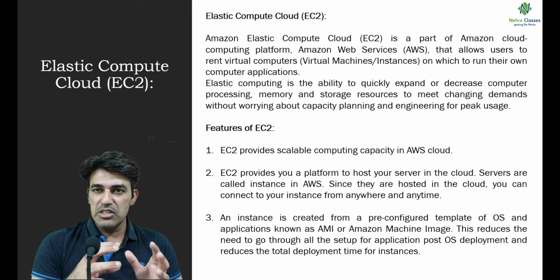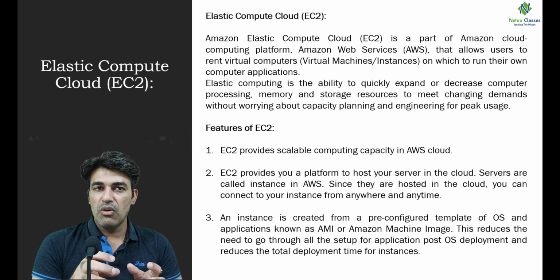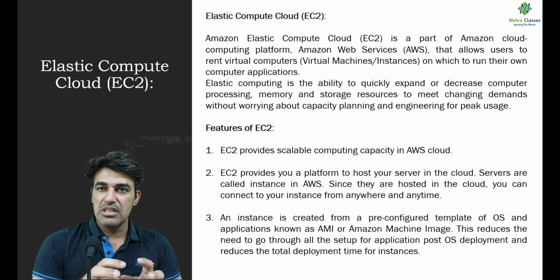So EC2 provides us the flexibility to deploy and run the virtual machines, and the virtual machines that we use here in AWS are known as the instances. So instances, virtual computers, virtual machines, all of them are the same. We will always call a virtual machine an instance here in AWS. So instance means the virtual computer or the virtual machine.